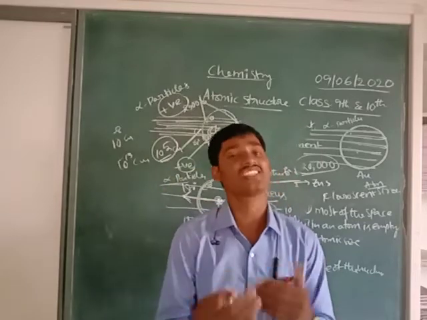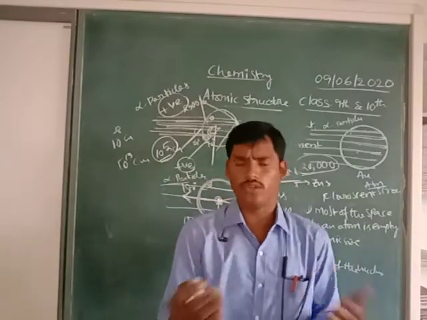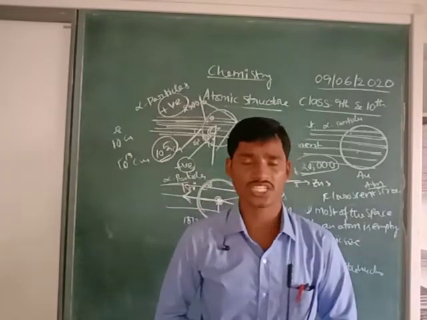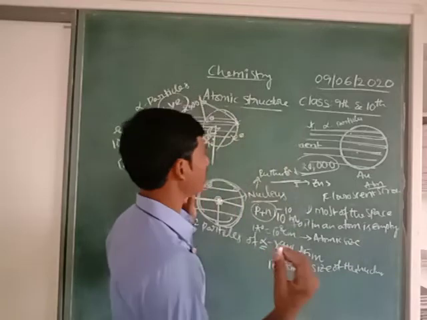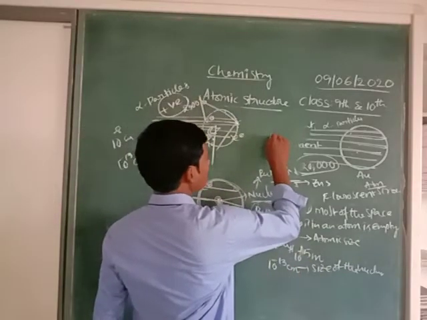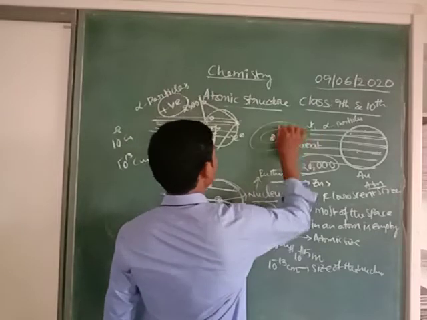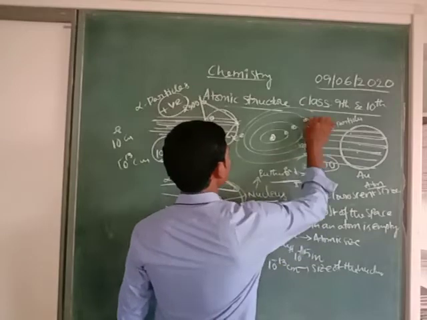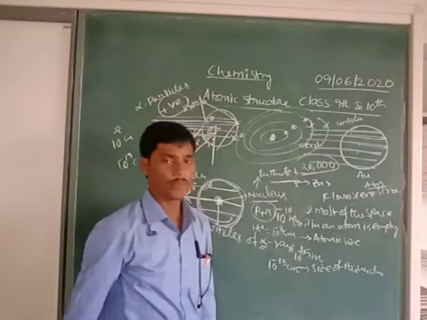So by using some forces, the planets revolve around the sun in a particular path.